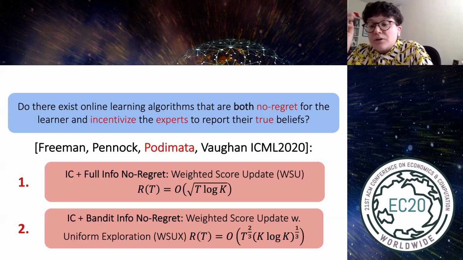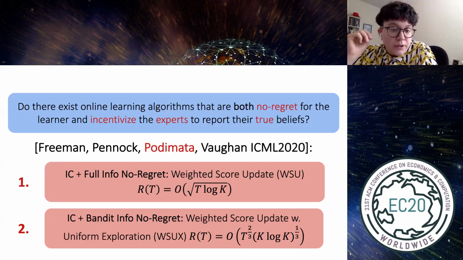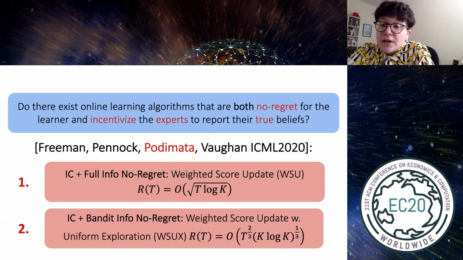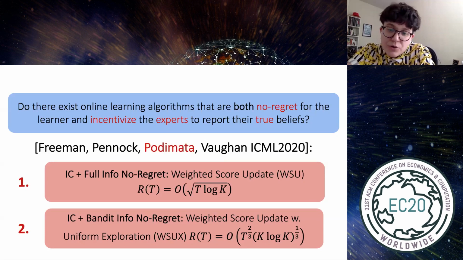Okay. So working with this model, in this paper, we showed that you can actually achieve both incentive compatibility and full information no regret algorithms, and also incentive compatibility and bandit information algorithms. And I'd like to stress one thing here, that for the full information case, which is the model I've been implicitly describing so far, it seems to be the case that we lose nothing in terms of guarantees compared to the standard multiplicative weights update algorithm.